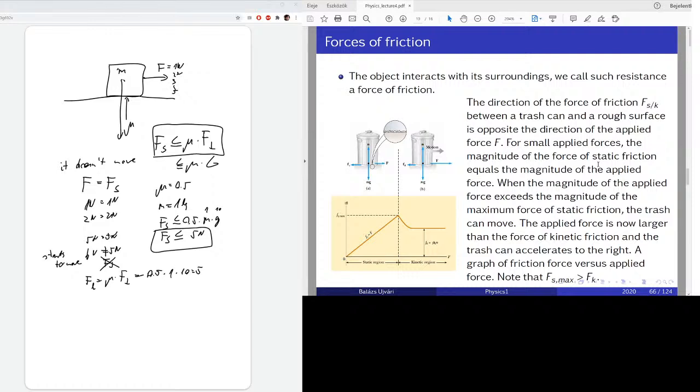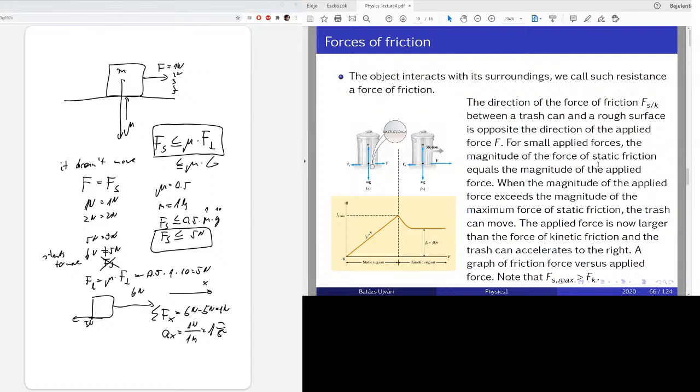And in this case, the forces on the body will be the external 6 Newton and the 5 Newton backwards from the friction. If we say this is the x coordinate and this is the positive direction, the sum Fx will be 6 Newton minus 5 Newton equals 1 Newton. So if we want to calculate the acceleration, this is 1 Newton divided by 1 kilogram. That will be 1 meter per second squared.